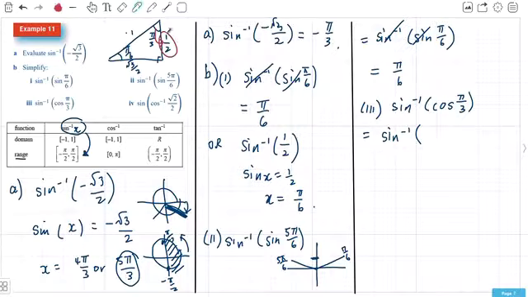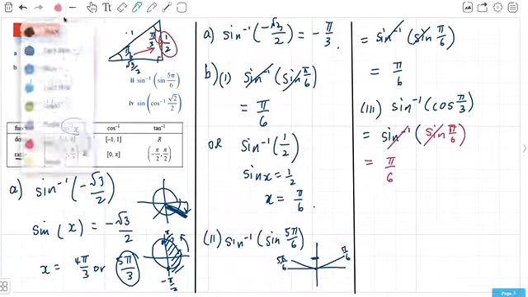Now the other way you could express a half is sine of pi on 6, because it's always the opposite angle. Whatever the angle is here with the standard triangle, it's the opposite. Cos of pi on 3 is the same as sine of pi on 6. So now that you've got an inverse sine and sine, it nicely cancels out and you end up with pi on 6. They don't always end up with an answer of pi on 6, by the way. It just happens to be how it's going here.